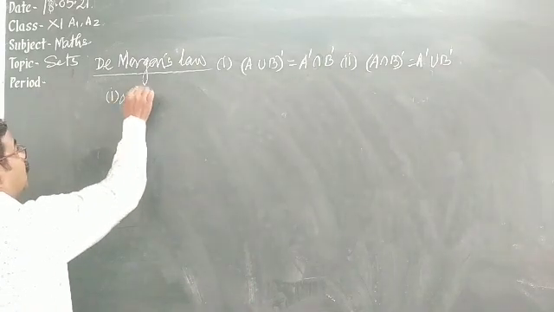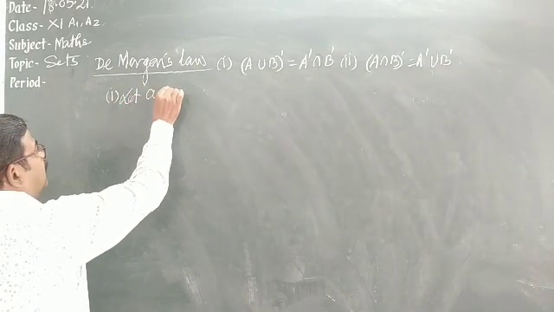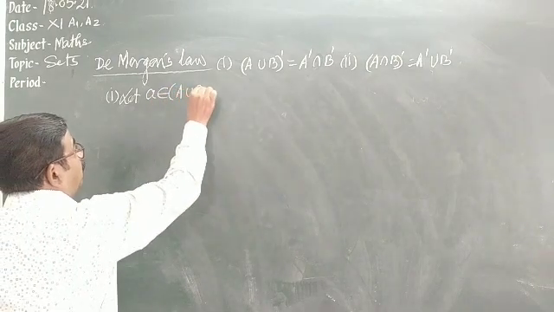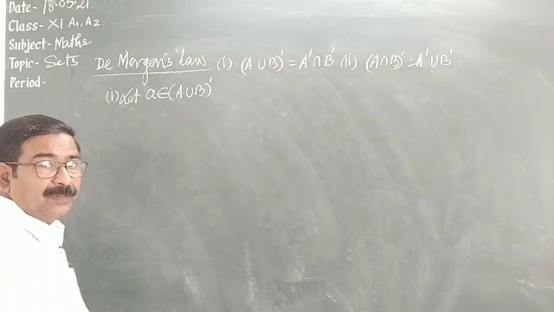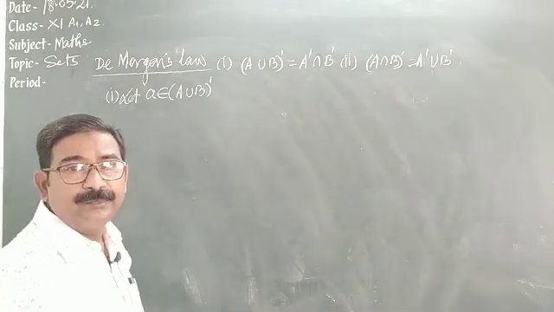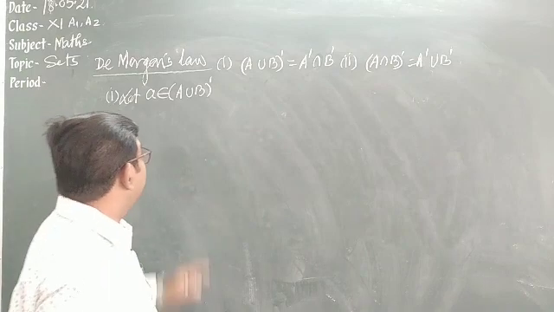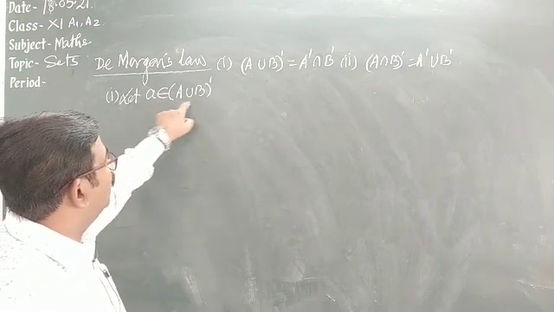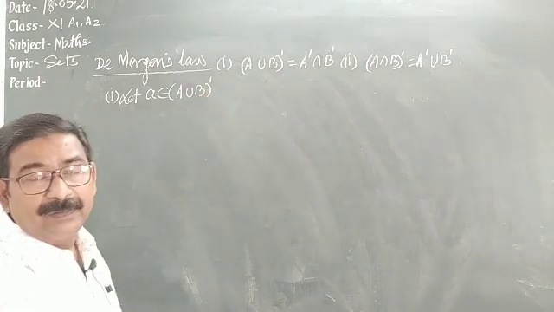See, let a be any element of (A union B) complement. Means a is any element of this set. So clearly this element is found in the complement.